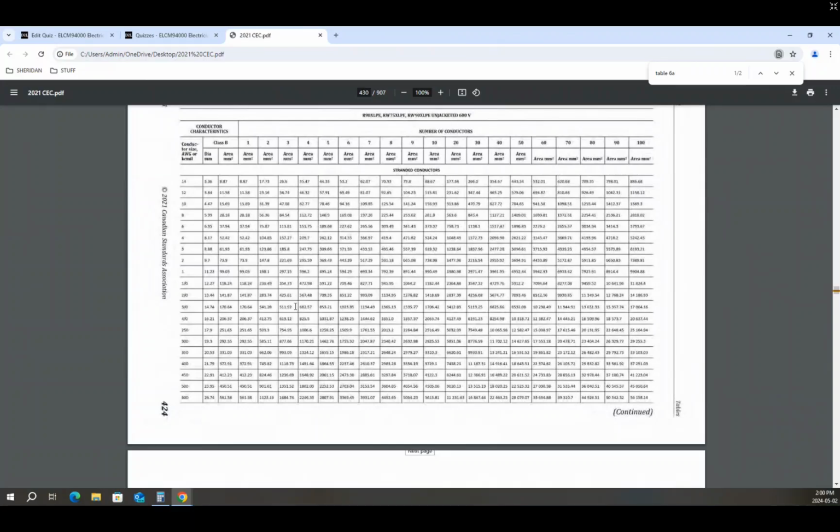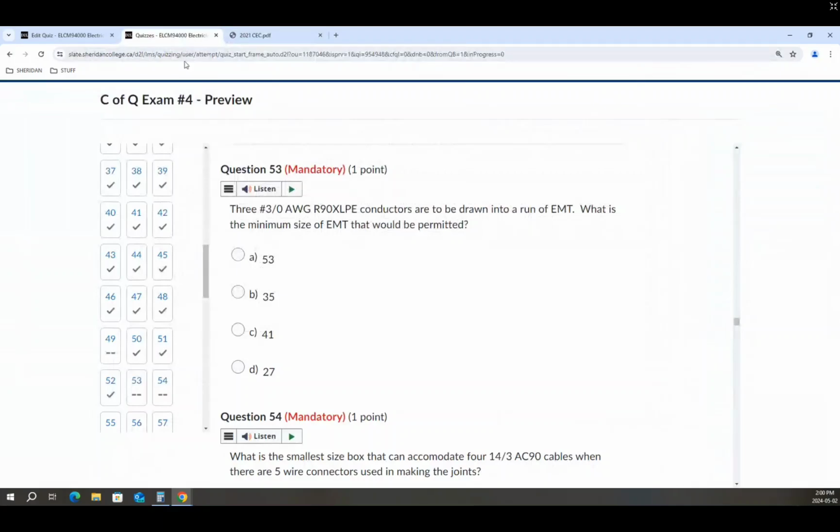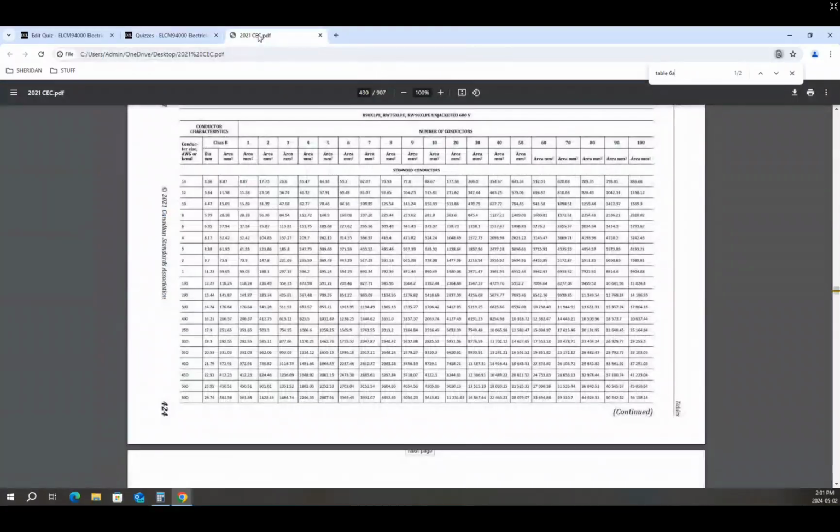So I've got 511.92 square millimeters. Okay. And now how much can I fill that EMT? I'm going to go back to 12. So I gotta remember 511.92.